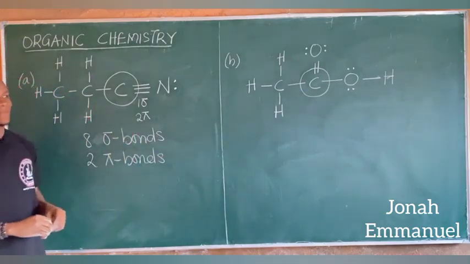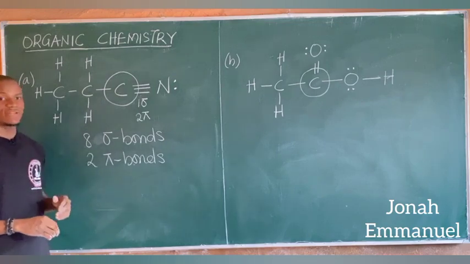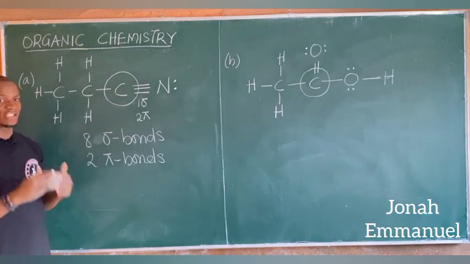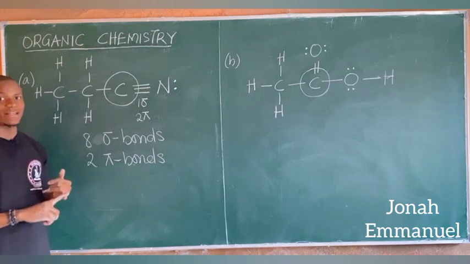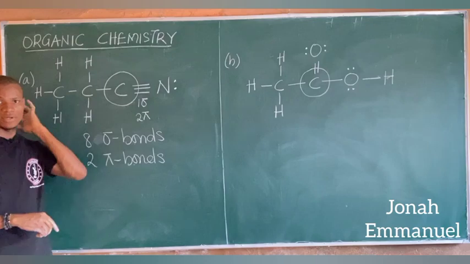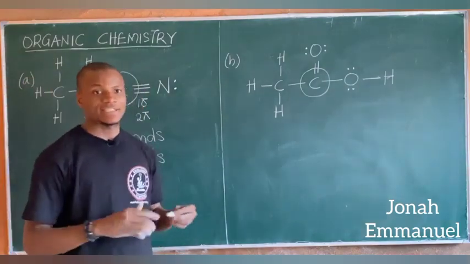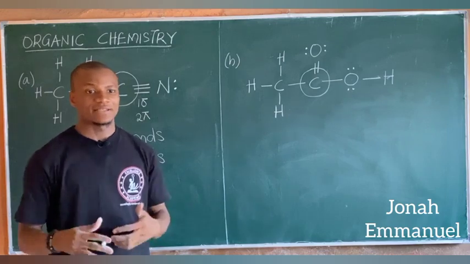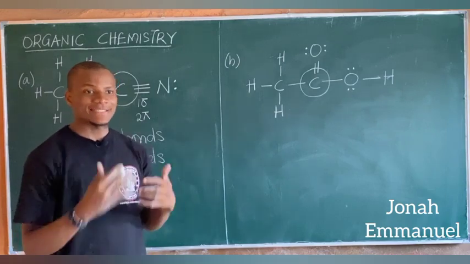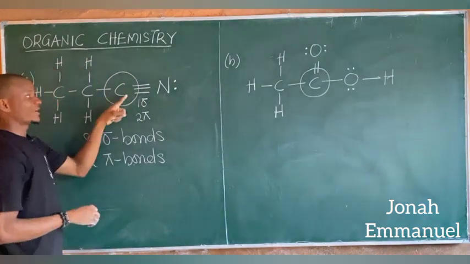Next up, if I'm asked to find the hybridization pattern of this, we said when it comes to hybridization, an alkane has sp³ hybridization pattern, alkene has sp² hybridization pattern, and alkyne has sp hybridization pattern. This is an alkyne. Why?